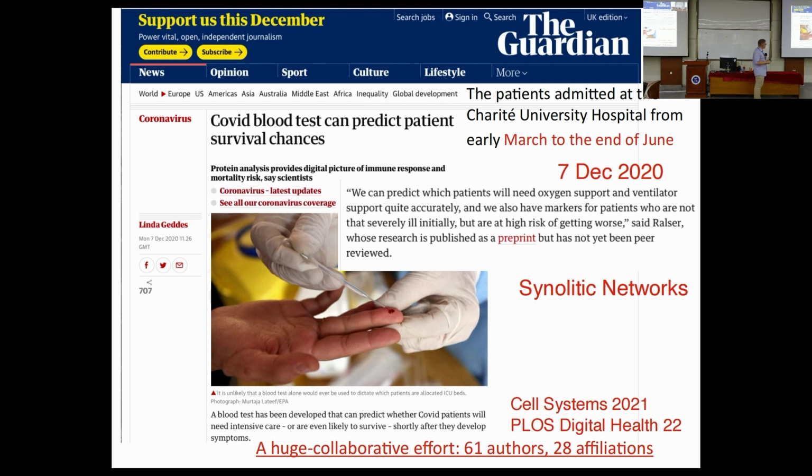The PI of this study, a doctor from Charité Clinic, said that we can predict quite accurately which patients will need oxygen support and ventilator, and we also have markers for patients who are not that severely ill initially, but at high risk of getting worse, because as you probably remember, in COVID it was a very common situation that the patient initially didn't show any bad symptoms, but then suddenly died. So we have lost, unfortunately, a lot of people. So this was a huge collaborative effort, 61 authors, 28 affiliations.